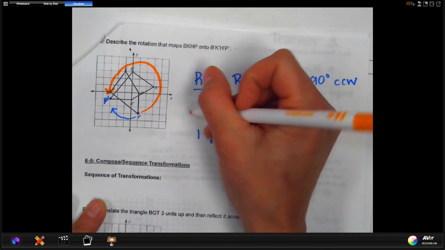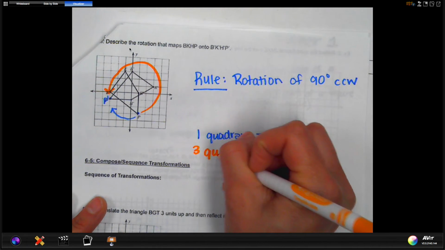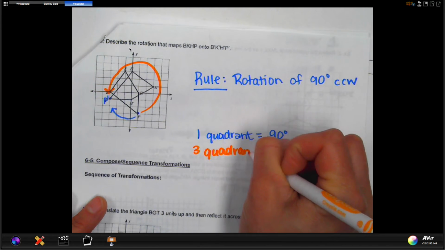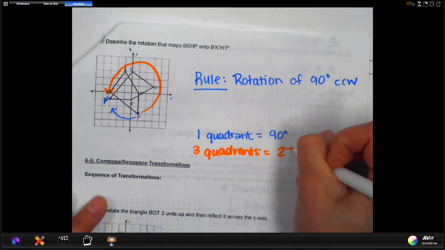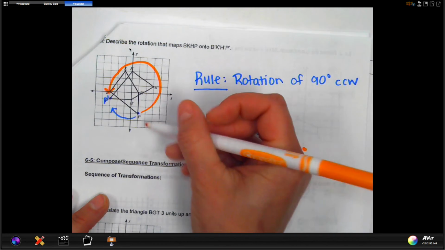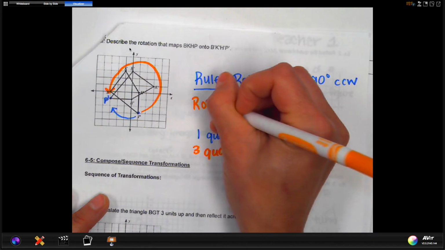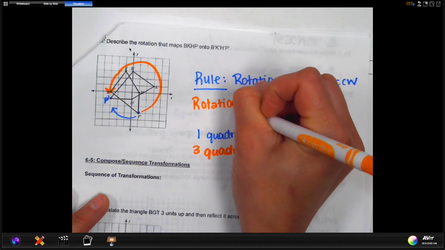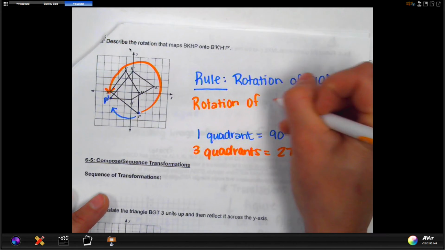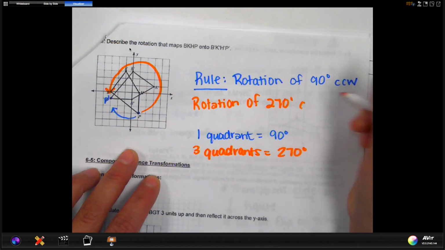So the second answer here would actually jump us 3 quadrants, and that is equal to 270 degrees. So if we're going in this direction and we jump 1, 2, 3 quadrants, we're still doing a rotation, but it's going to be of 270 degrees, and that's going to be clockwise.